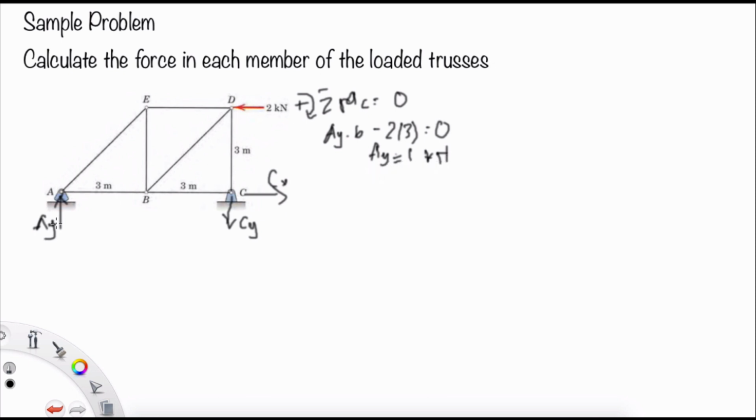Because the AY is 1, the CY will be 1 kilonewton, and the CX will be 2 kilonewton.